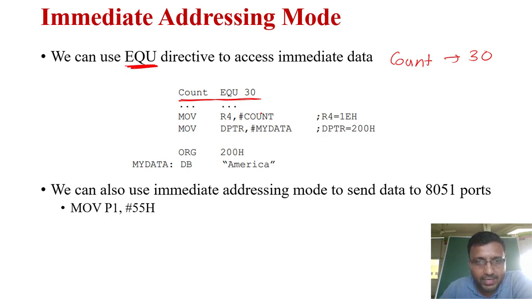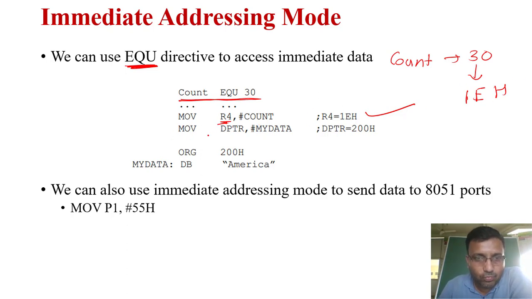Then I can move that count. If it is an 8-bit value, then I can move it into any of the 8-bit registers like this: MOV R4, #COUNT. This means it will load this 30 into R4. 30 is a decimal value, so we need to convert it into hexadecimal. After converting, 30 is 1EH, so this value is loaded into R4.